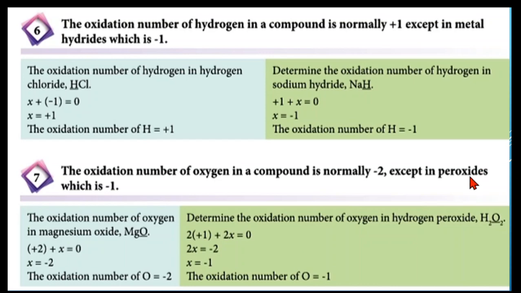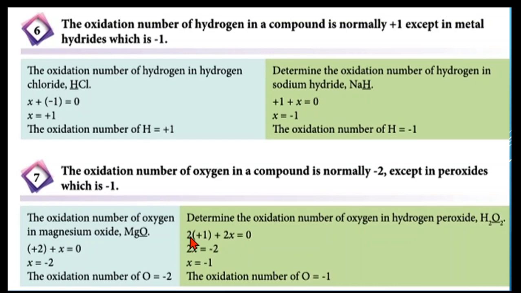But in peroxide, H2O2, hydrogen peroxide. Okay, we determine the oxidation number of oxygen here. Hydrogen we have 2, so 2 times positive 1, the charge for hydrogen, plus we have 2 oxide, 2 times X, because we want to find the oxidation number of oxygen, is equal to 0.